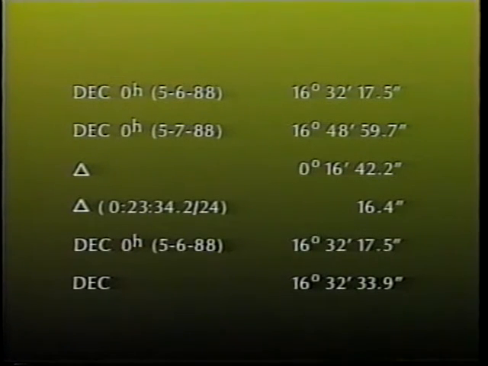Multiply this by UT1 divided by 24, add the answer to the declination for 0 hours today. Sound familiar? The declination for the time of observation ends up being 16:32:33.9. As you can see, the procedure is very similar to that for getting GHA.